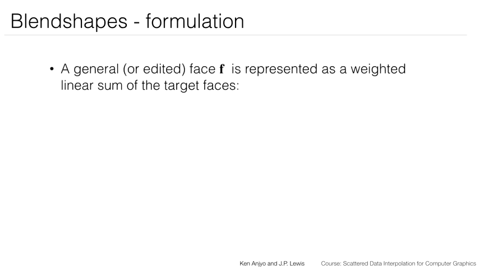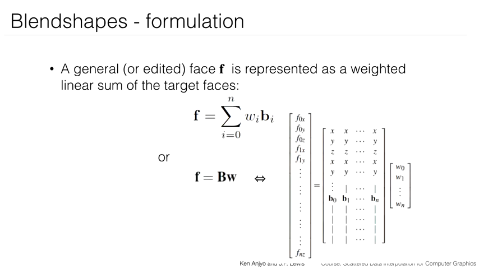After making such targets as many vectors, a general face is represented as a weighted sum of them, like this. Or, using a big matrix with each column as a target vector, we have this expression, or more precisely, for each coordinate value, we can see the expression on the right-hand side.